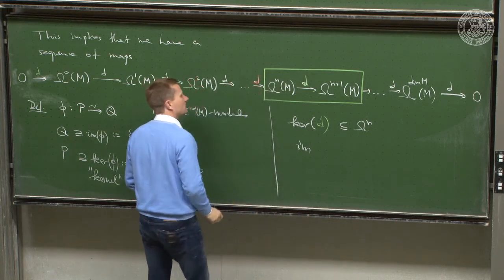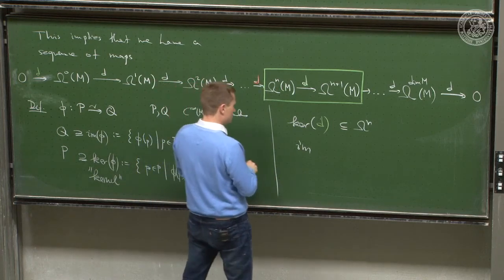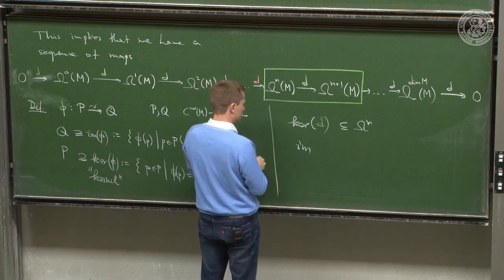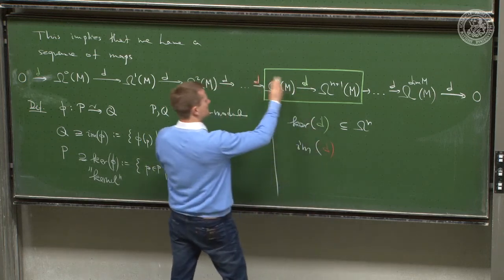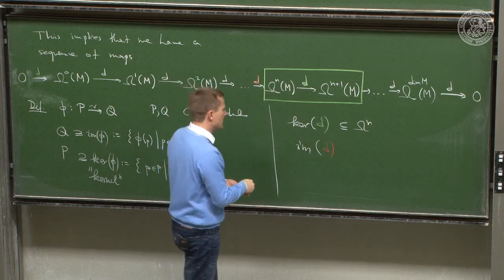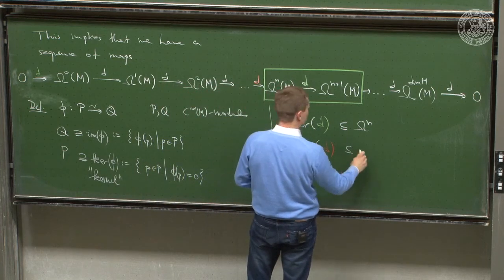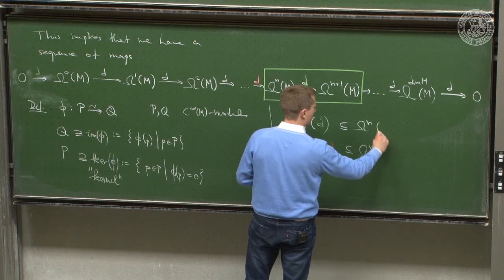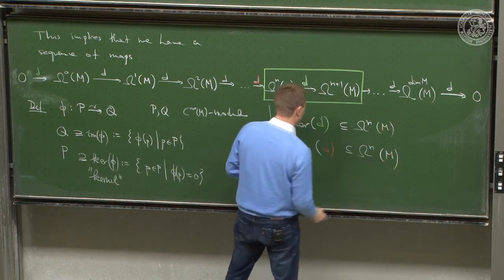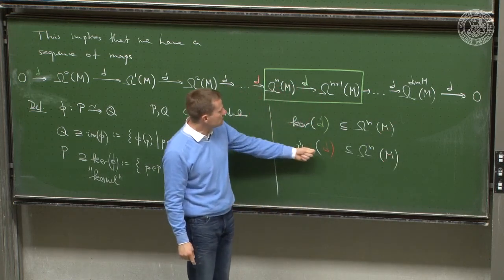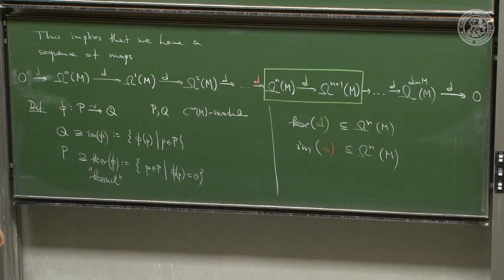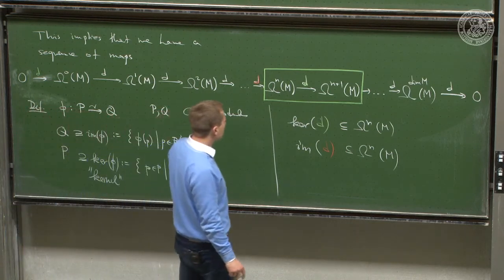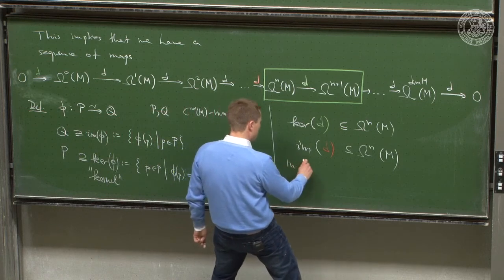So the image of the red D, that's this other map, is also a subset of omega n, right? So this kernel of the green D and the image of the red D lie in the same form space. Is that clear?